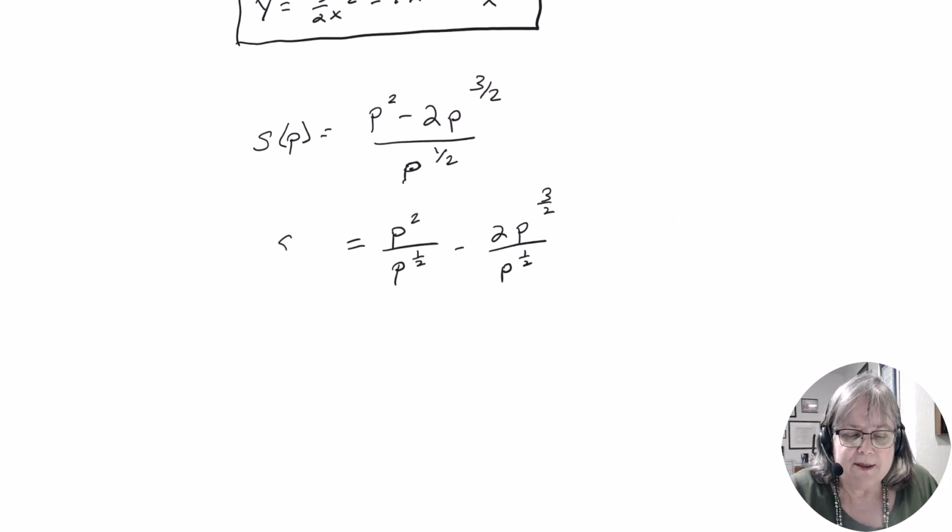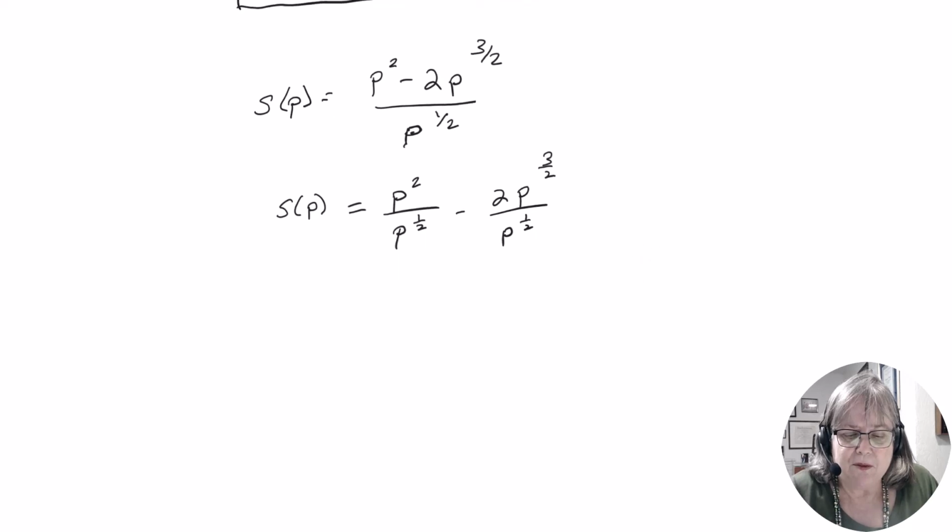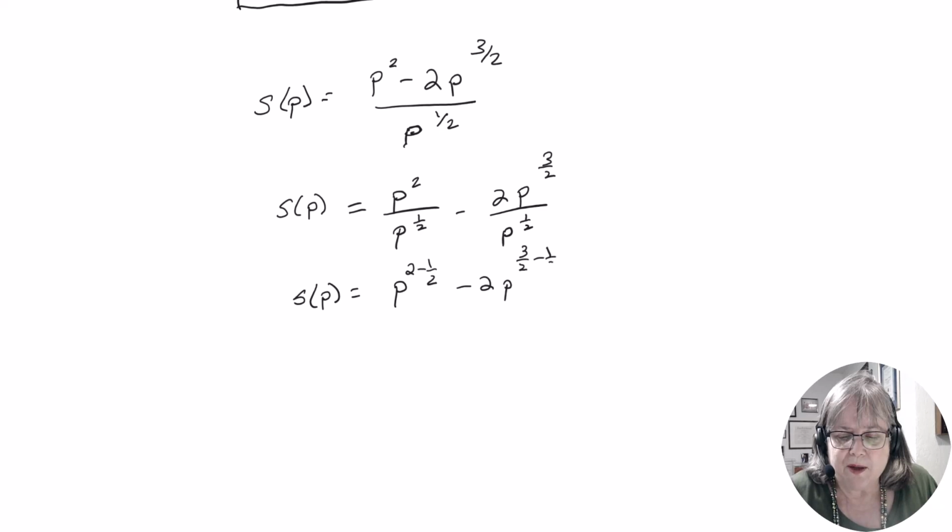Now this is still s. I have not taken the derivative. So let's see what I can do with this. So p squared over p to the 1/2. You write the p down, start with the top power and subtract the bottom, right? Minus 2p, start with the top power, subtract the bottom.